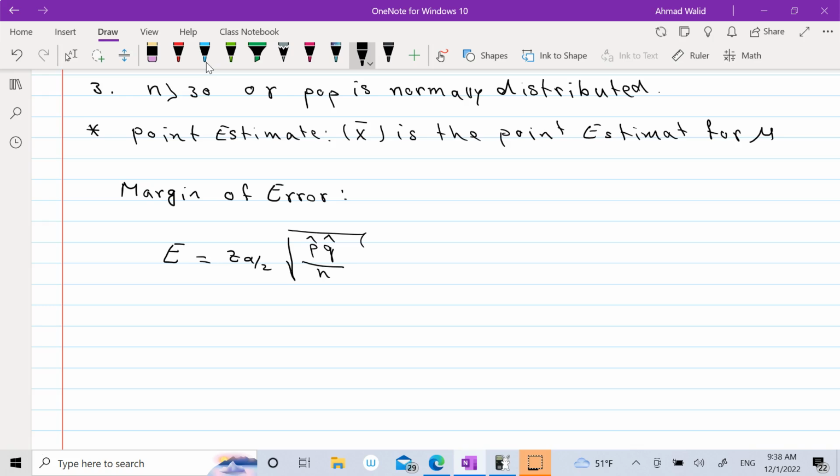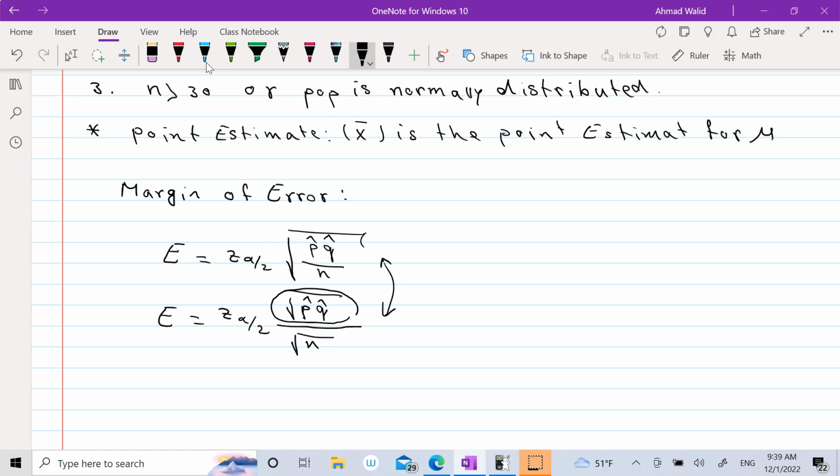Now, I'll do some math with this and I'll create a formula to find the margin of error when you are dealing with mean, correct? I can rewrite this formula as E equals Z alpha over 2, and if I do some algebra, I can rewrite this as square root of p hat q hat over square root of n. Basically, these 2 steps are the same, just the notation is different. Look at the top.